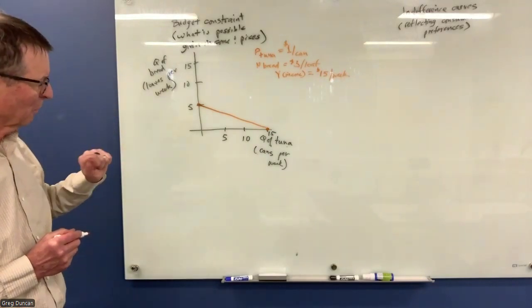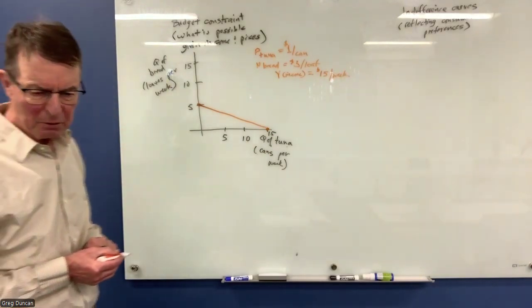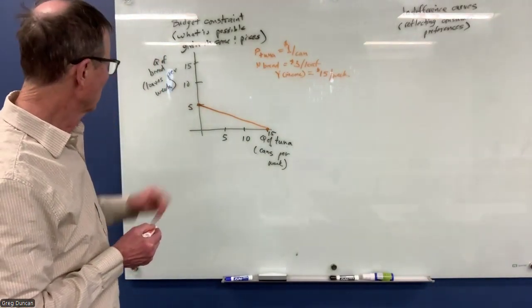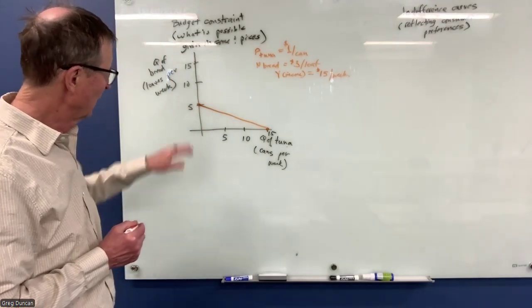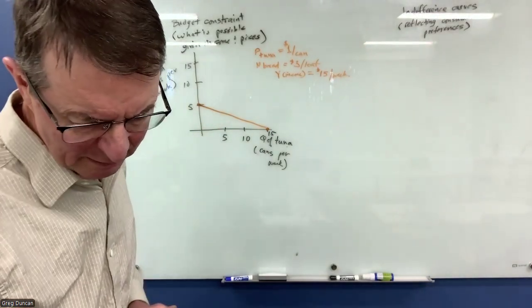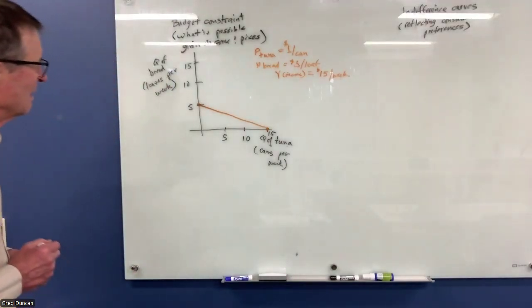So we'll ignore the fact that you can't buy half a can of tuna, or half a loaf of bread, and just assume we've got some continuous function here.